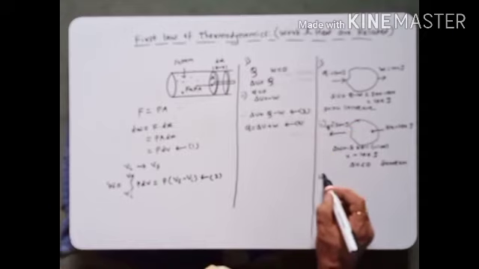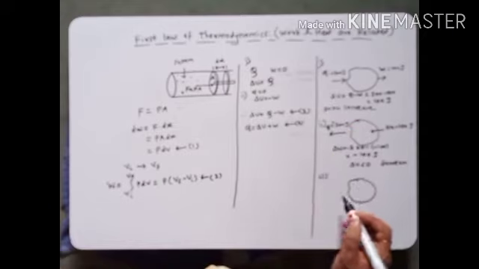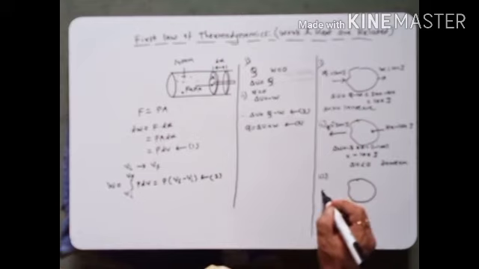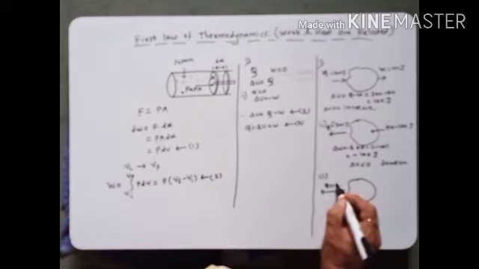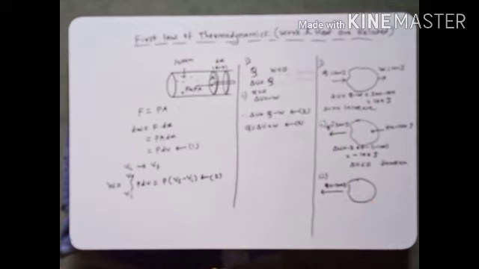And we consider the third case. Suppose this is the system and Q is equal to minus 200 joules and W is equal to again 200 joules.